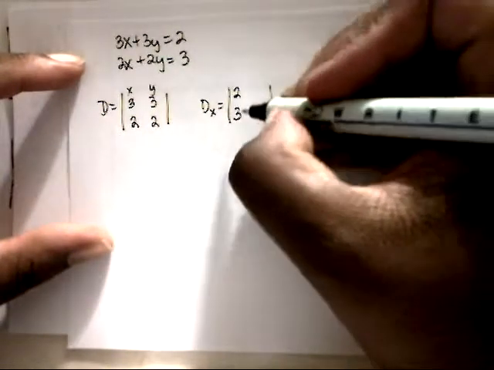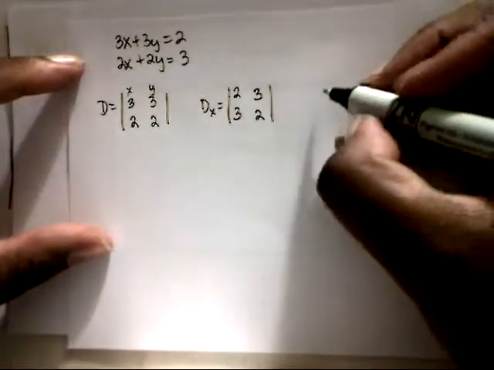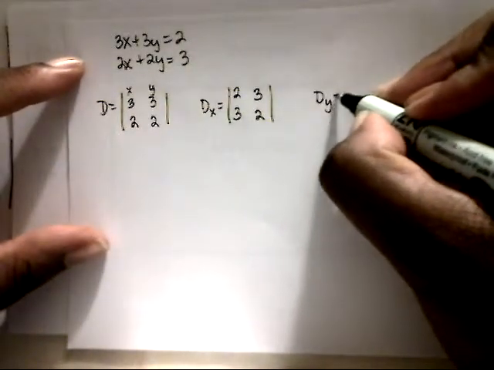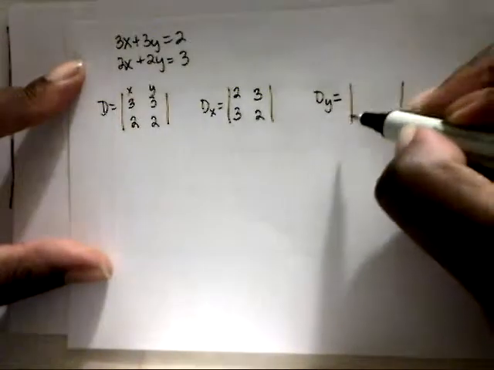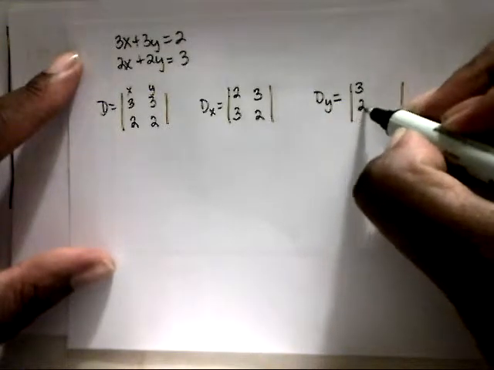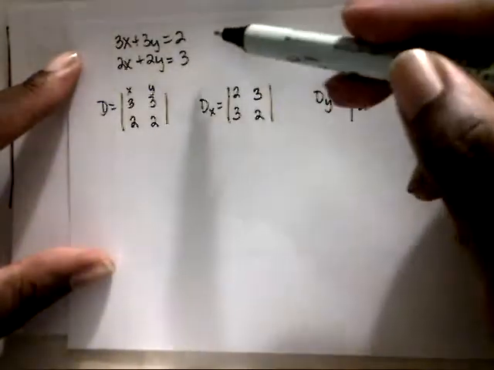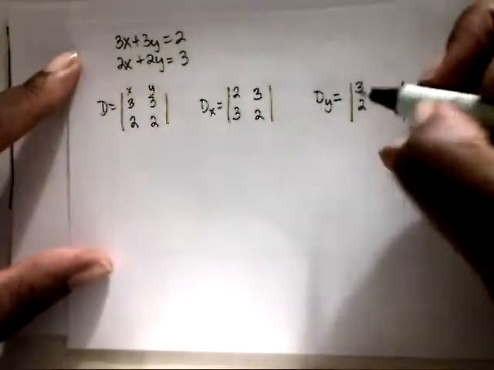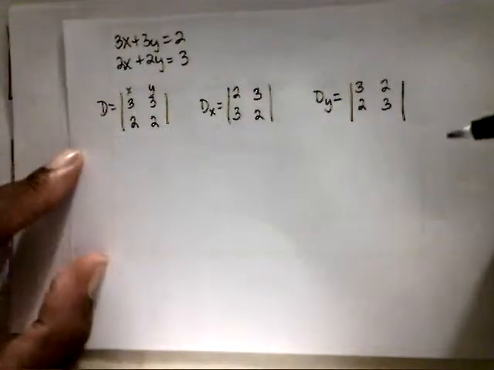And the second column is your coefficients of y, which is 3, 2. And then d sub y, your first column is your x's, that's 3 and 2. But for y, the second column is going to replace the y coefficients with your constants, 2 and 3.